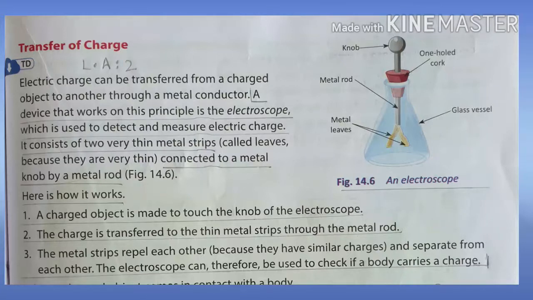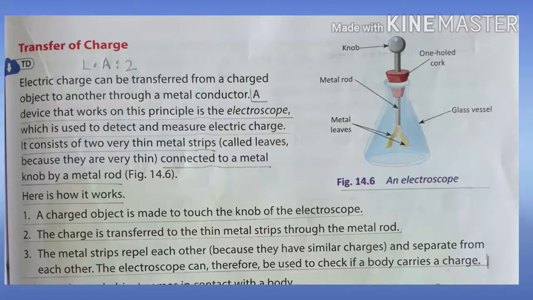And see the second line. A device that works on this principle is the electroscope, which is used to detect and measure electric charge. It consists of two very thin metal strips connected to a metal knob by a metal rod.